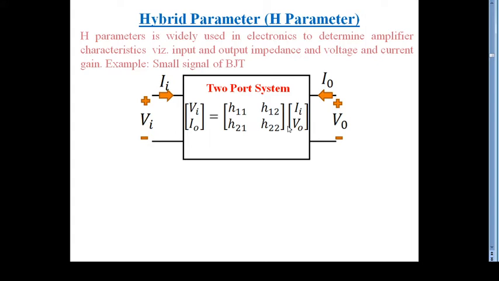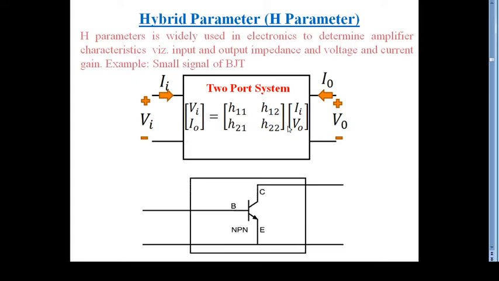Next, the transistor can be represented as a two-port system, and this two-port system behaves like an H parameter model. In the very first slide we already mentioned this. The input voltage is across the base-emitter junction, then the input current.